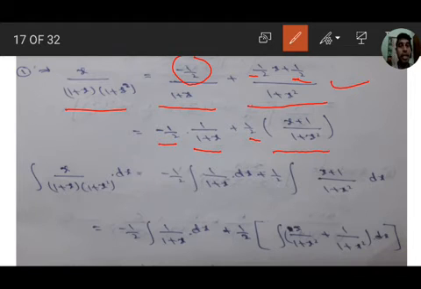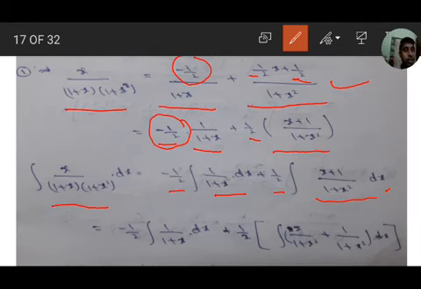Then integration of x by (1 plus x)(1 plus x square) dx equal to minus 1 by 2 outside, integration 1 by 1 plus x dx, 1 by 2 outside, integration (x plus 1) by 1 plus x square dx. Here minus 1 by 2 is the coefficient outside, integration 1 by 1 plus x dx, and 1 by 2 into a separate integration x by 1 plus x square dx plus 1 by 1 plus x square dx.